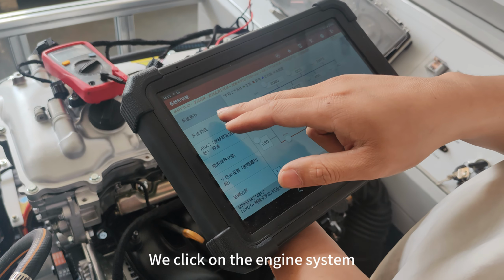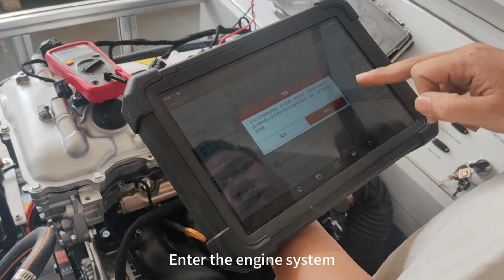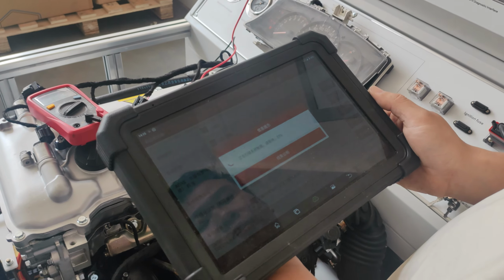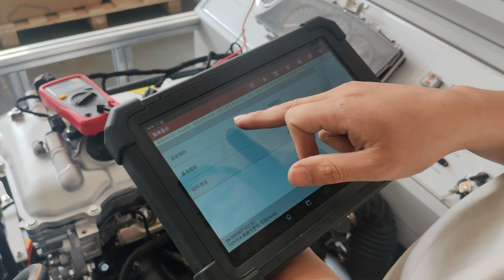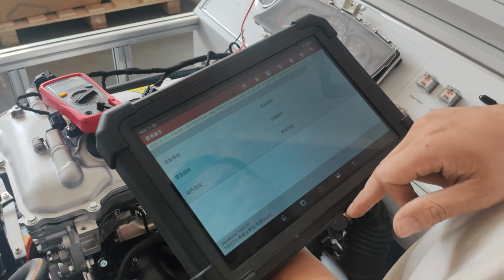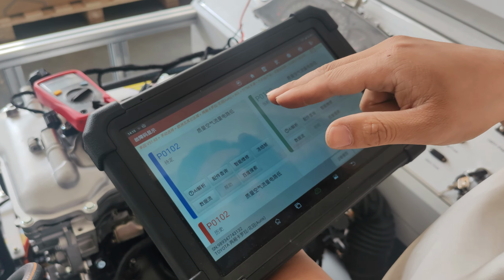We click on the engine system. Enter the engine system. Read the fault code. Found to be a low-quality air circuit disk signal.